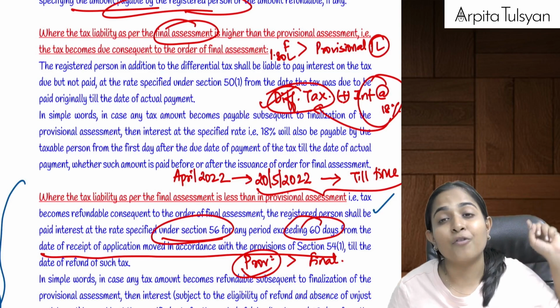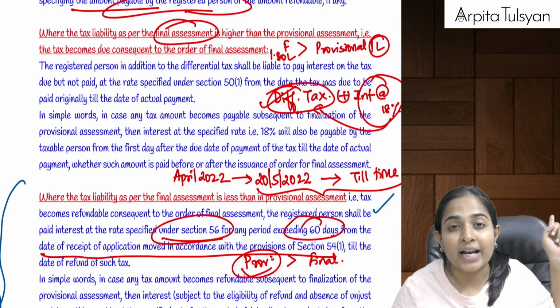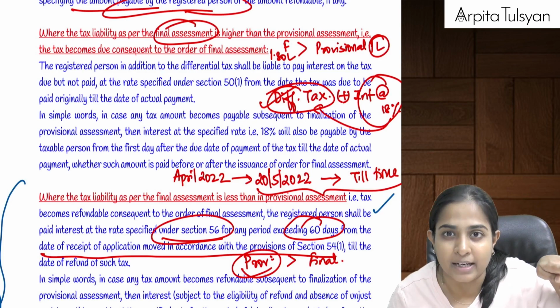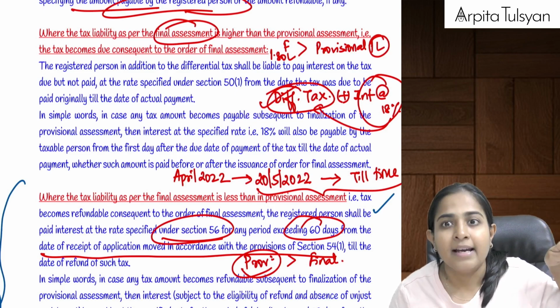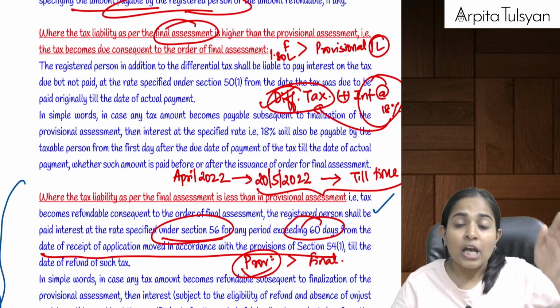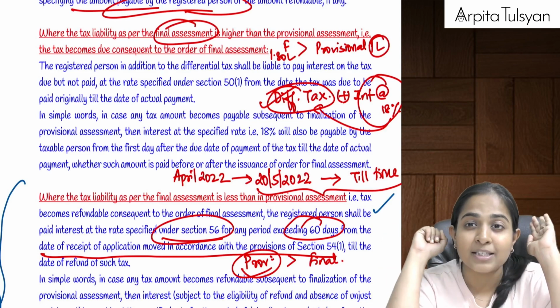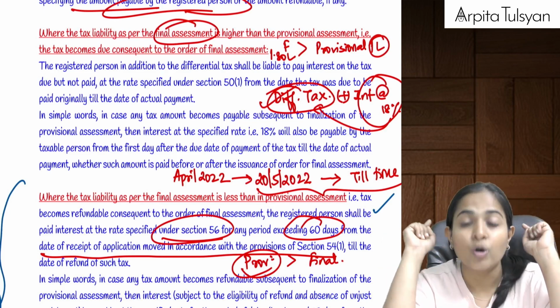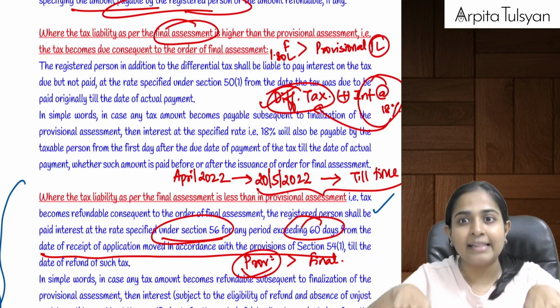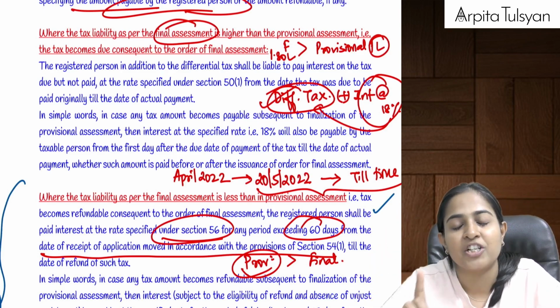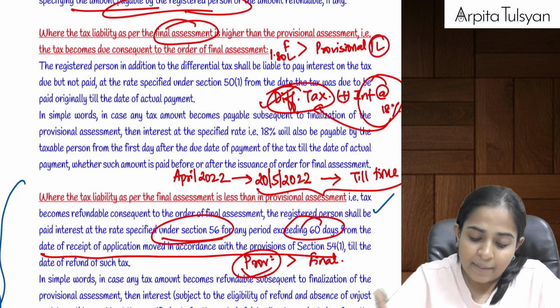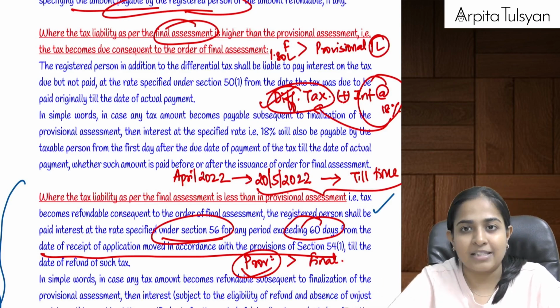The due date for payment of tax for April is the 20th of the next month, that is 20th May. So from 20th May, the due date of the month to which that transaction pertained, till the date when I actually pay the differential tax to the government, for that period I have to pay the interest.